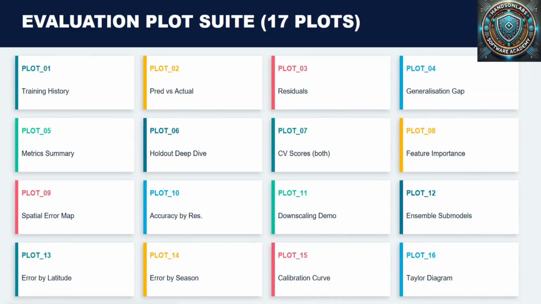So if you look at the GitHub again, I'm going to make a new added directory in the official GitHub of this particular software program for you to download and see each of these: the training history, the prediction versus actual, the residuals, generalization gap, the metric summary, the holdout deep dive, the CV scores, feature importance, the spatial error map, the accuracy versus resolution, the downscaling demo, the ensemble models, the error by latitude, the error by season, the calibration curve, and of course the Taylor diagram.